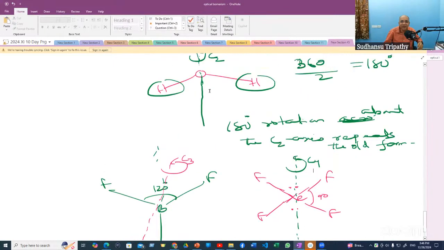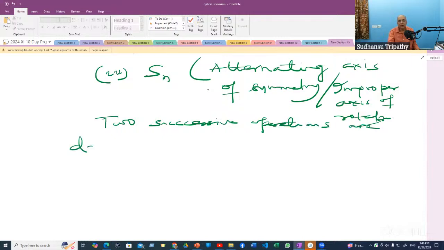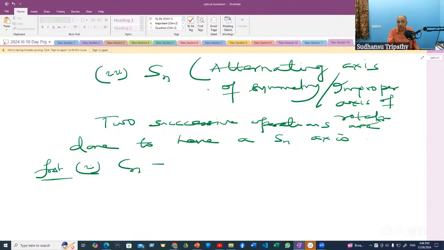And then it's time for SN. The place which you have left out, come to that. Two successive operations are done to have a SN axis. First, a CN symmetry operation is to be done, and that N will be the SN.